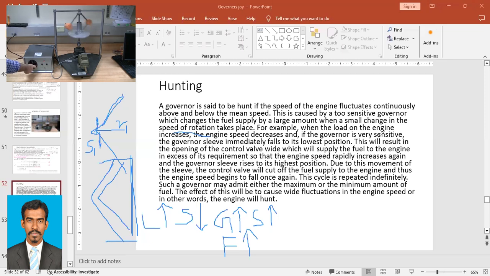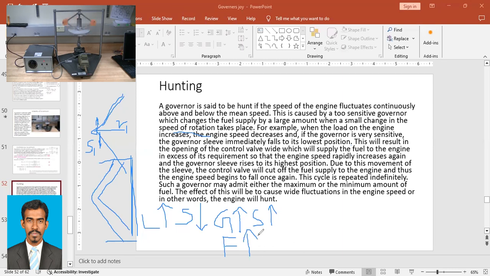If the governor is very sensitive, the governor sleeve immediately falls to its lowest position. What does that mean? The speed is almost about to go to zero. So the valve will supply an excess amount of fuel, because it detects that the speed is almost about to drop.